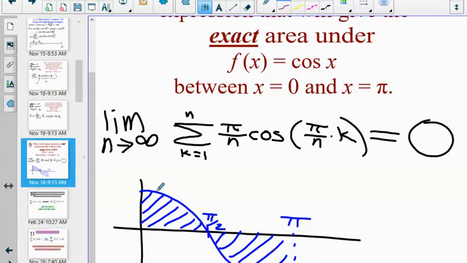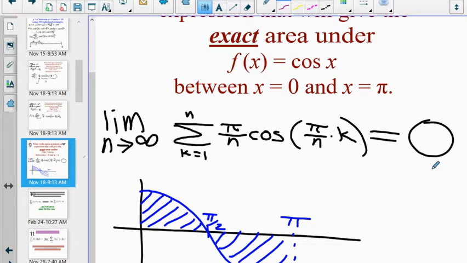And in the case of the cosine curve, between 0 and pi, we've got the symmetry. We've got this positive area that would balance out with the negative area. I know the answer is going to be 0. I'm not actually evaluating this limit, doing anything except understanding that this positive area and negative area are going to end up balancing out and giving me a value of 0.